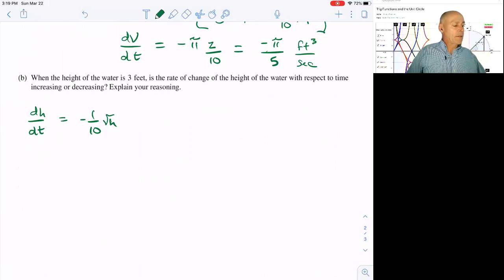I would just take dh/dt when h is 3, plug that in, and I'd get negative square root of 3 over 10. And I'd say, well, that would tell me that the height of the water is decreasing. They're not asking for that. They're asking for, is the rate of change of the height of the water with respect to time increasing or decreasing? So what I need to do is come up with the derivative of dh/dt.